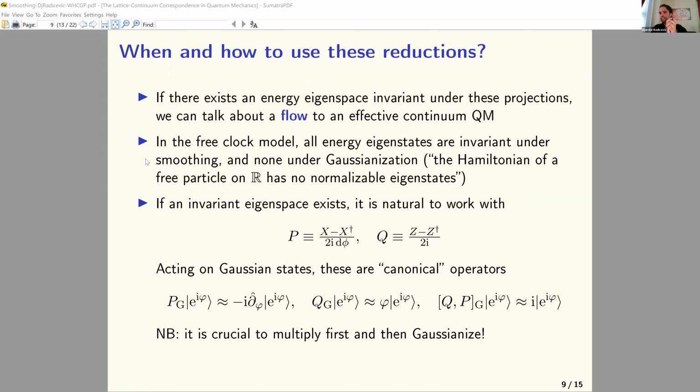For instance, if you Gaussianize the free clock model, you will land on a theory in which no energy eigenstate is pure. You will make all the energy eigenstates mixed, and that's not a well-defined quantum theory on its own. So when I talk about a flow, I really mean a map between two unitary theories. That's all. I'm not referring to some fancier word from the literature.